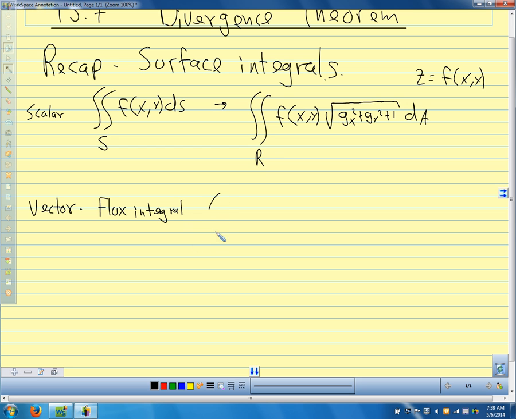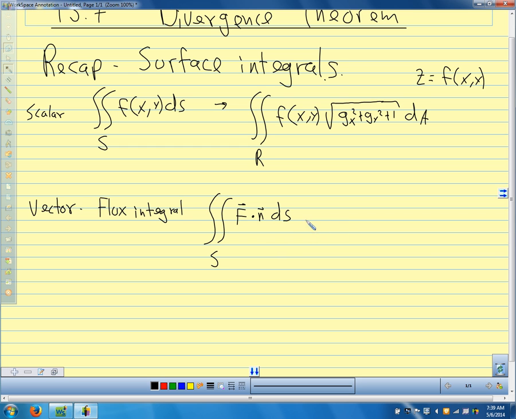The flux surface integral was the integral of f dot n dS, so we're summing the normal component of f times our little area element over our surface.